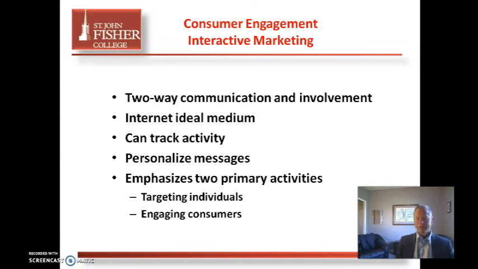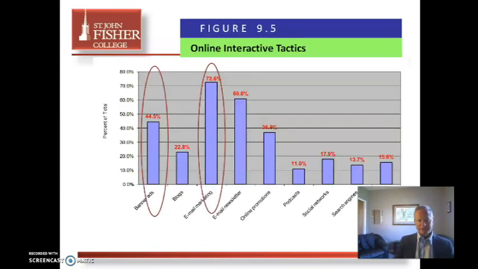One of the things we can do with digital marketing that we can't do with traditional media is have a two-way conversation and an interactive medium with our customers. We can track activity. We can do personalized messages, much like Amazon does. And we can really have more of an intimate engagement with our customers using interactive and digital marketing.